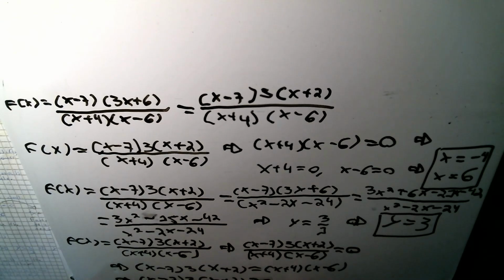Here is where we actually set the numerator equal to 0. So from that we get that x equals 7 and x equals minus 2.